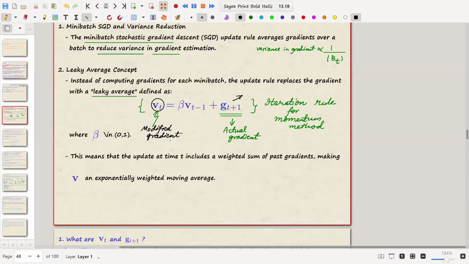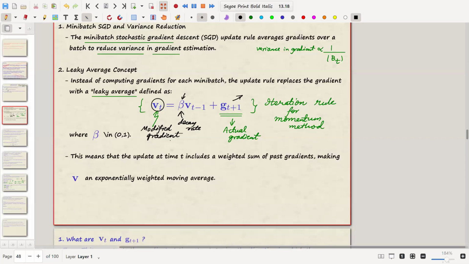But I told you we are considering a leaky average. So therefore Vt depends on the past value. That is, it depends on Vt minus 1. And there is a constant term associated with it, beta. So beta is kind of the decay rate. That means how much weightage you want to give to the past gradient.